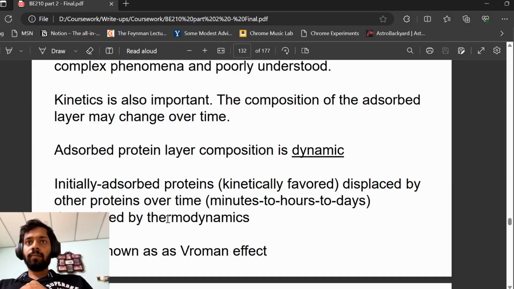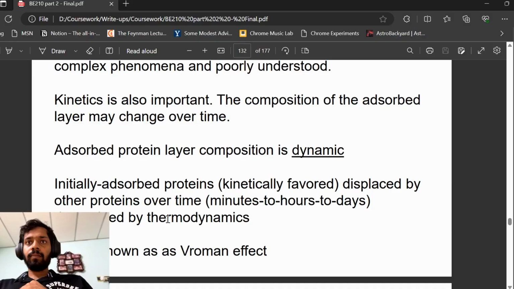Initially these proteins are kinetically favored, because they're small in size and soft in their structural rigidity, so they can easily flip out and move faster. So all these small unstable proteins will come and bind to the biomaterial.